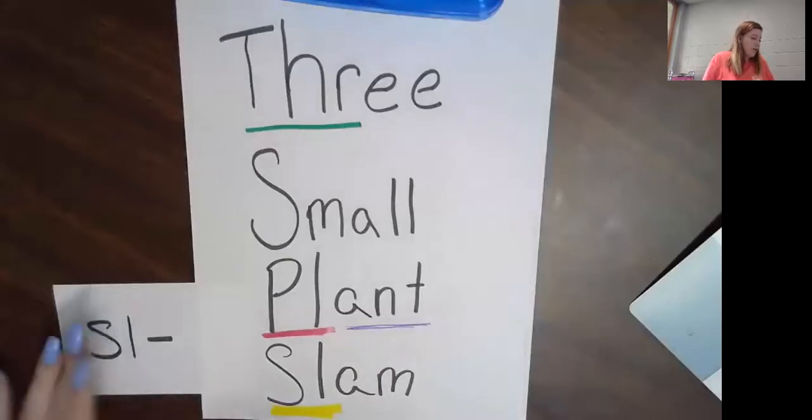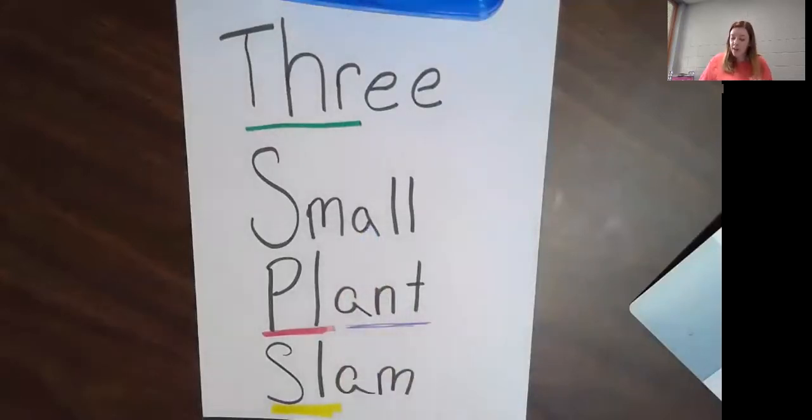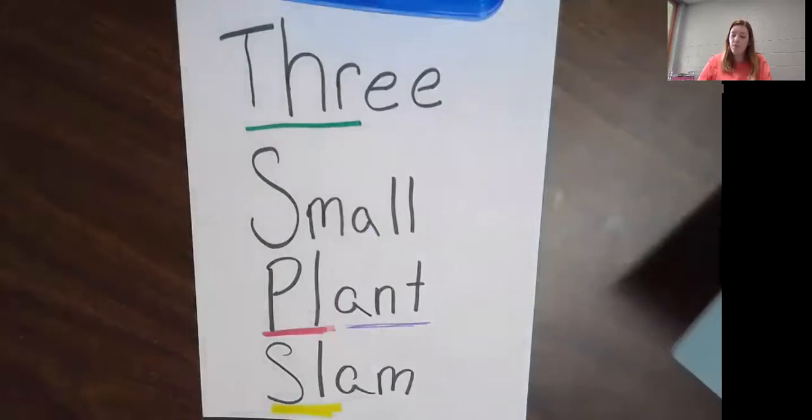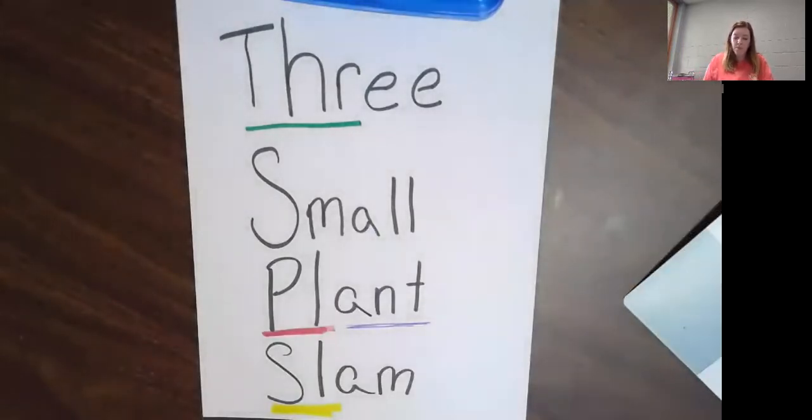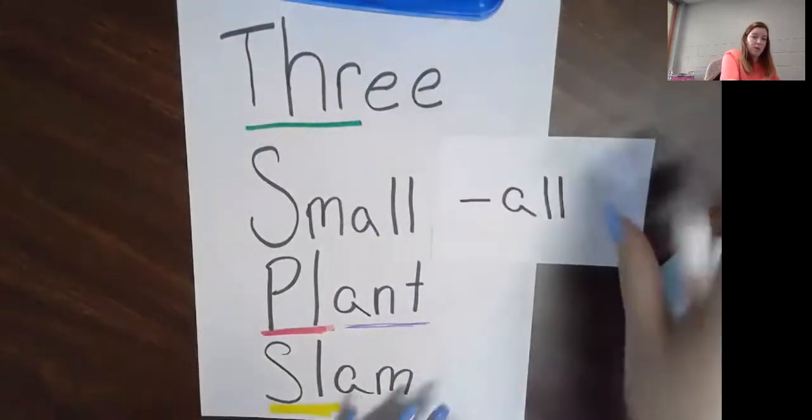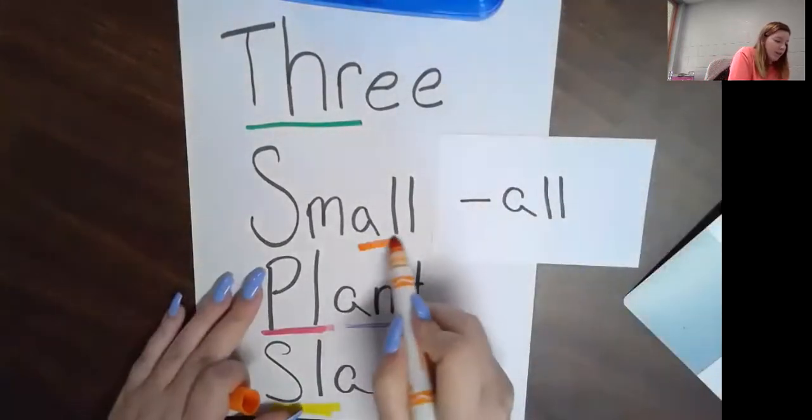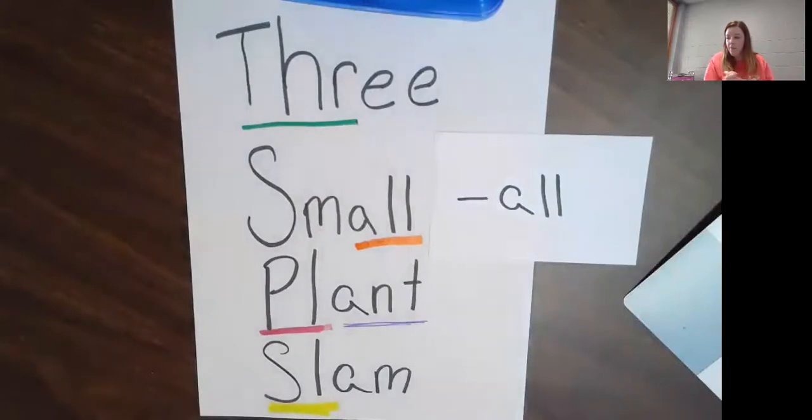All right, so let's go ahead and look at small. We're going to change it up for small. I want you to go ahead and try and find the ending to small. All right, and hopefully you chose ALL for the ending of small. Okay, so let's come up with some words that end in all.